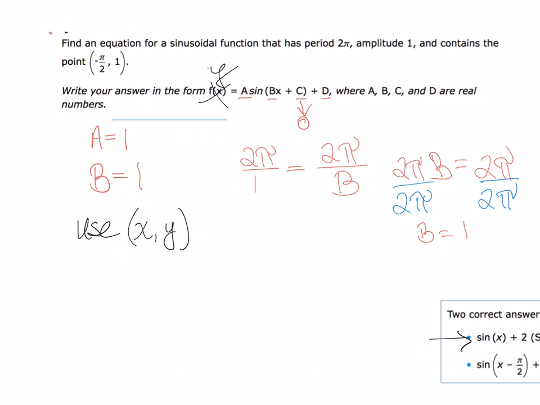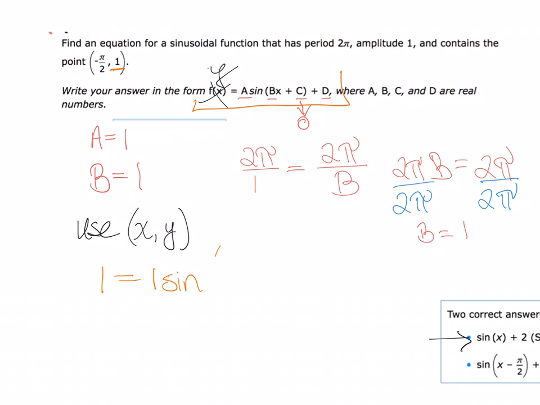So our y in this problem is given to us as 1. So we're going to write 1 equals, and I'm just filling in this general form of the equation right here. 1 equals A sine, so A is 1, and we don't need to write that particular one, but I'm going to go ahead and do it anyway. B x.